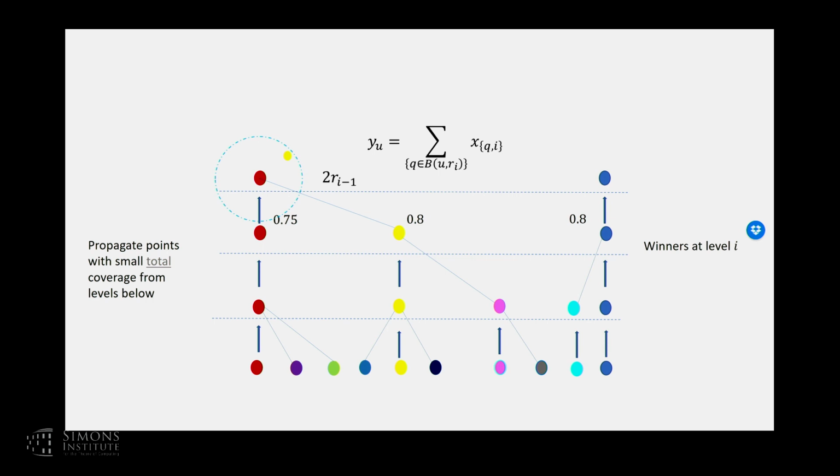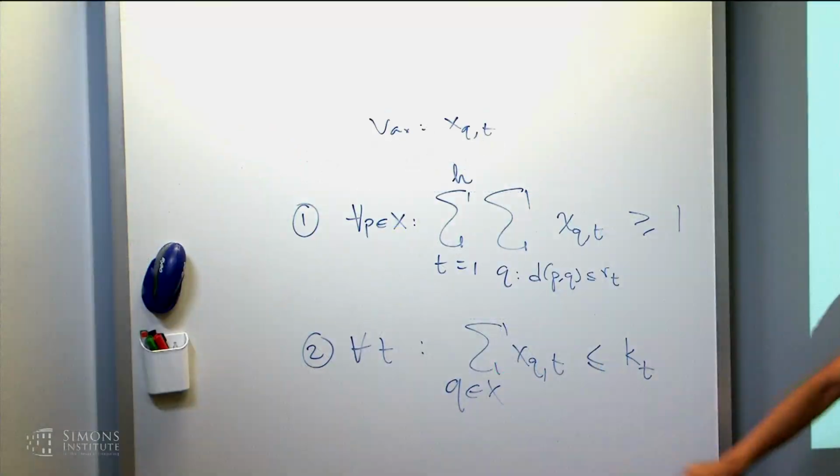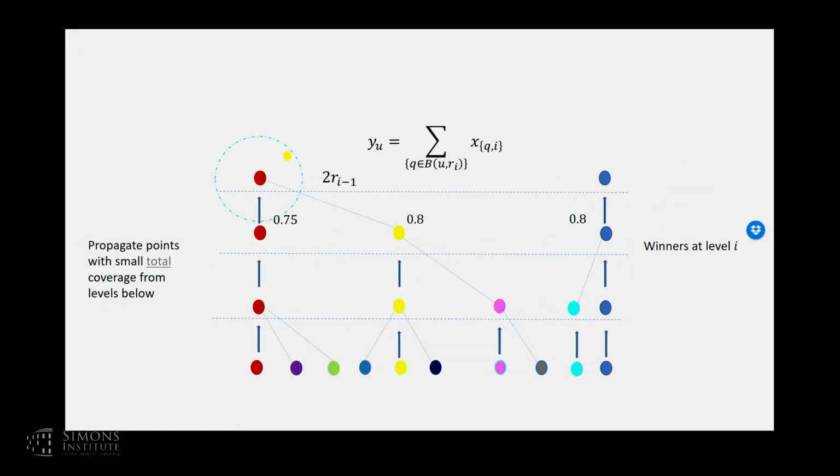What happens is, if I look at the total Y mass on any level, that will be equal to basically this mass, right? Because any 2 points, so for example, the red guy and the blue guy, the total Y mass that I put on them, because they're balls of radius 2Ri, they cannot share points.